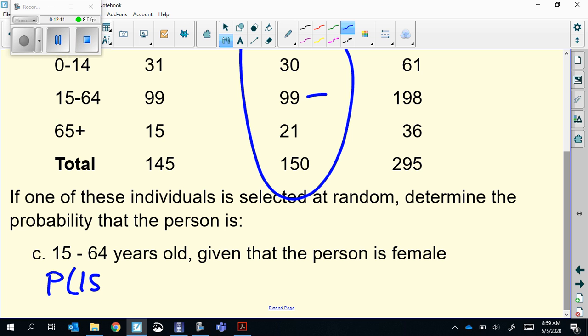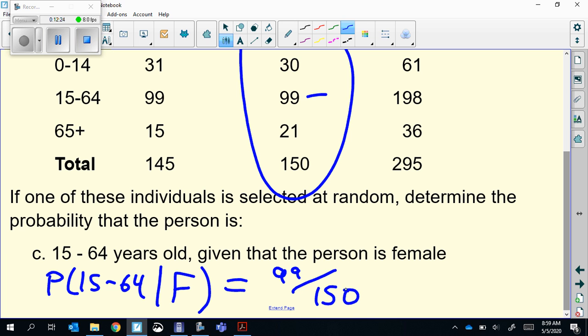So 15 to 64 given they are female. So we look at the overlap. Female 15 to 64 is 99 out of the total of females, which is 150. And that'll reduce a little bit. We can divide by 3 to get 33 over 50. And that's it.